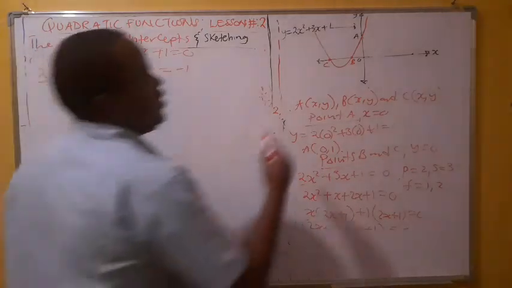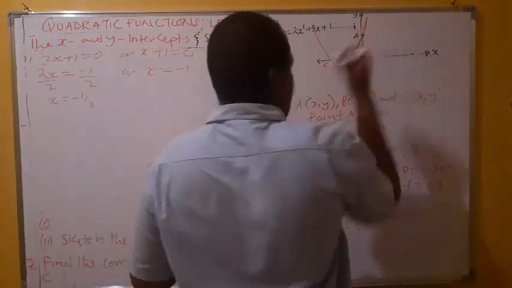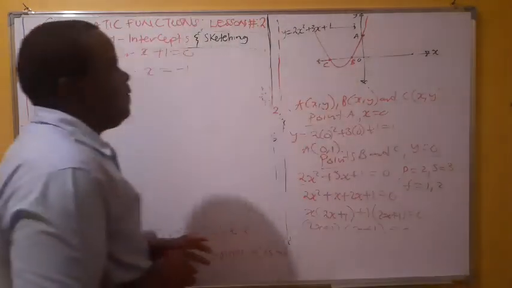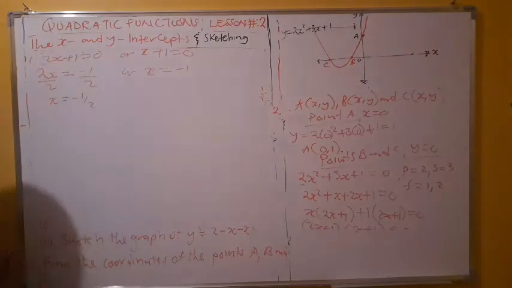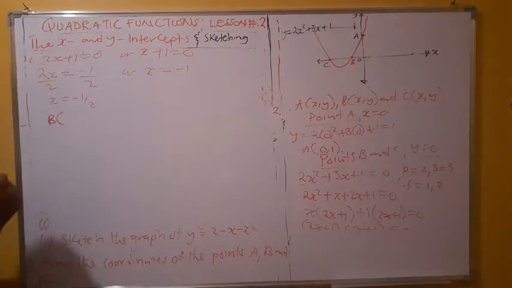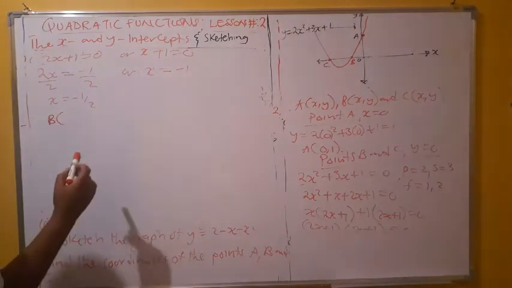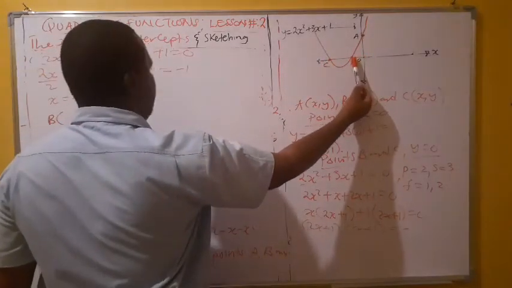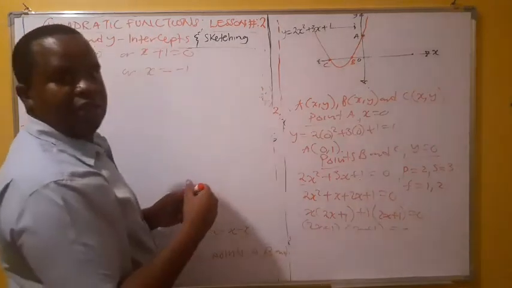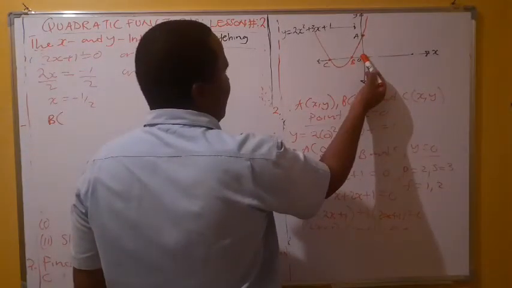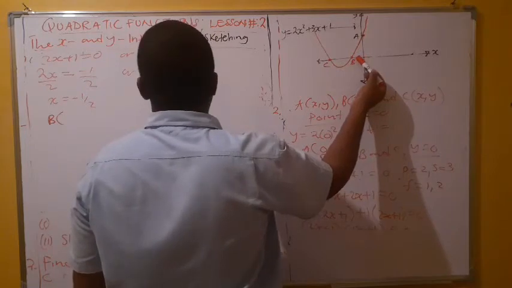So if that's the case, the coordinates of A will still stand, but for B and C, that's what we will have to look at now. Meaning that for B, when you look at negative half and negative 1, from 0, you go to negative 0.5, negative 1.